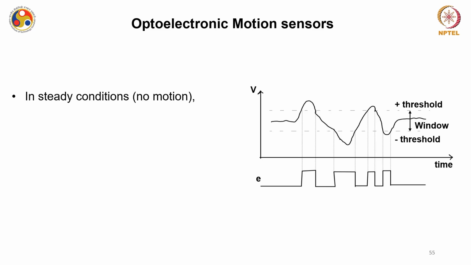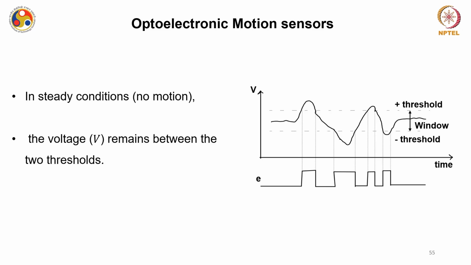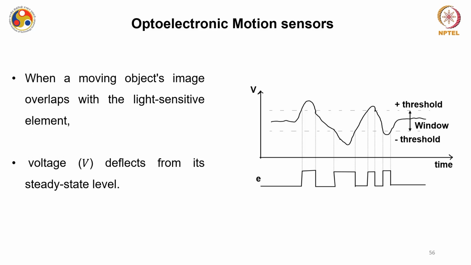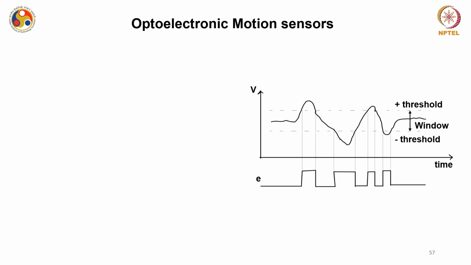So, in steady conditions, when there is no motion, the voltage V remains between the two threshold voltages. By this we can say that the place has been occupied, but the object is not in motion. When a moving object's image overlaps with the light sensitive element, this voltage V deflects from its steady state position because the object is in motion, and at that time the comparator shows an output of logic 1.